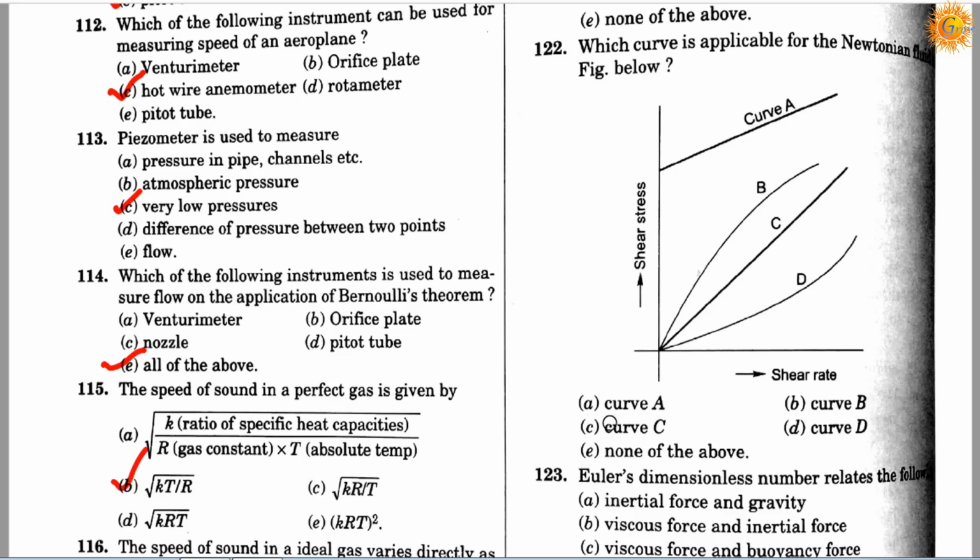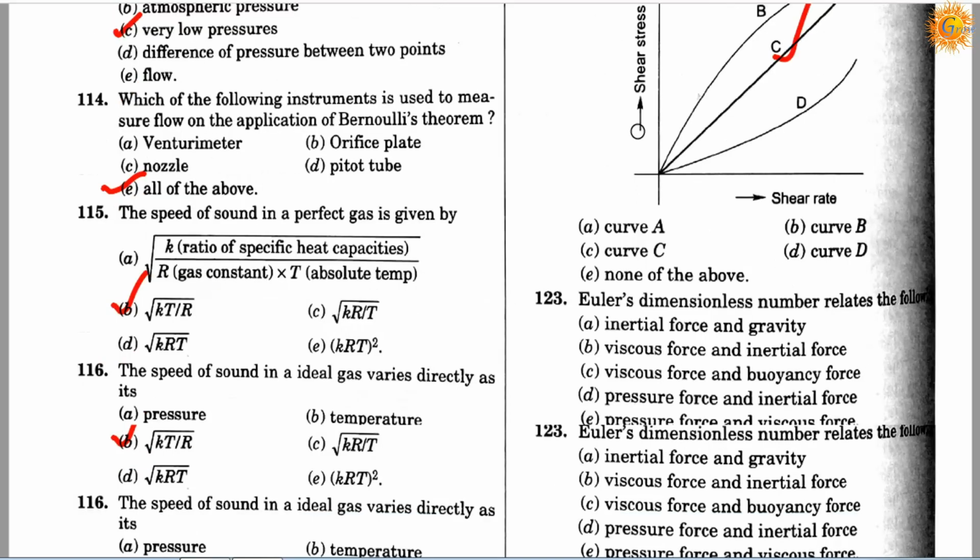Option A is curve A, option B is curve B, option C is curve C, option D is curve D, and option E is none of the above. So for the Newtonian fluids, curve C will be the applicable curve.